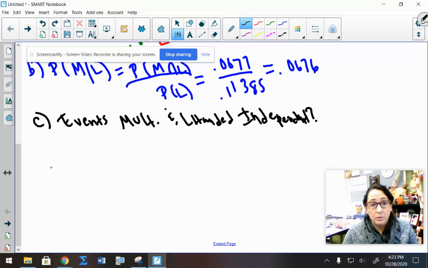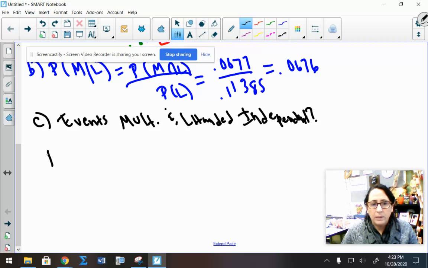In general, if the probability of A given B is equal to the probability of A, then they are independent events. If they are not equal, then they are not independent. So instead of A and B, we're going to ask: is the probability of M given L equal to the probability of M?